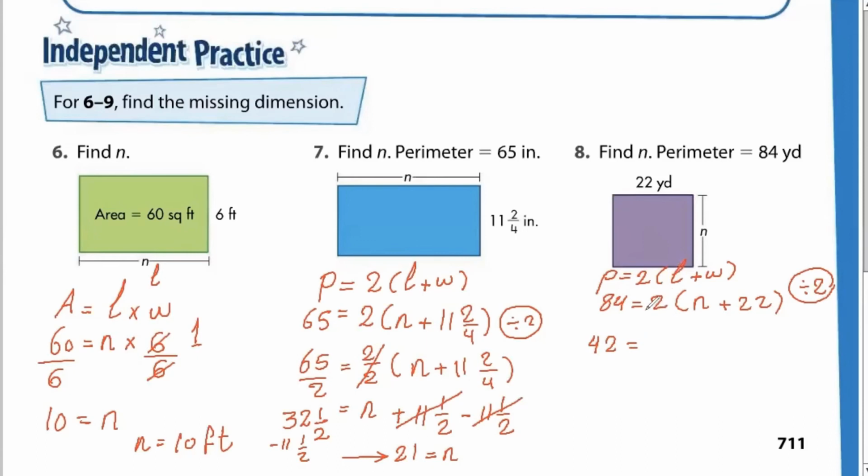Then 2 divided by 2 equals 1, so I will cancel it, and here n plus 22. To get rid of 22, I have to use the inverse operation, which is minus 22, and here minus 22. 42 minus 22 equals 20, and 22 minus 22 equals 0, n plus 0 equals n. So n equals 20 yards.